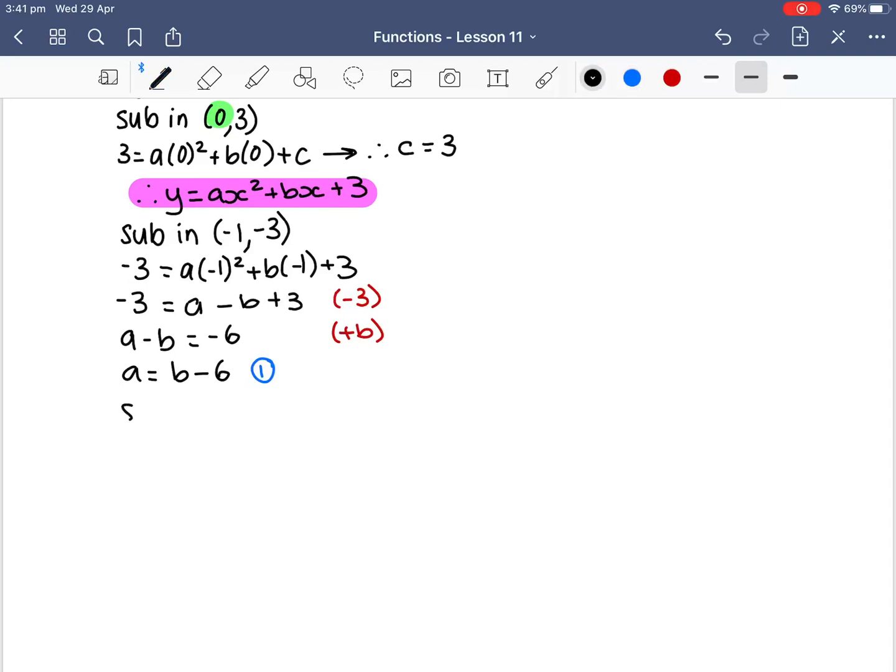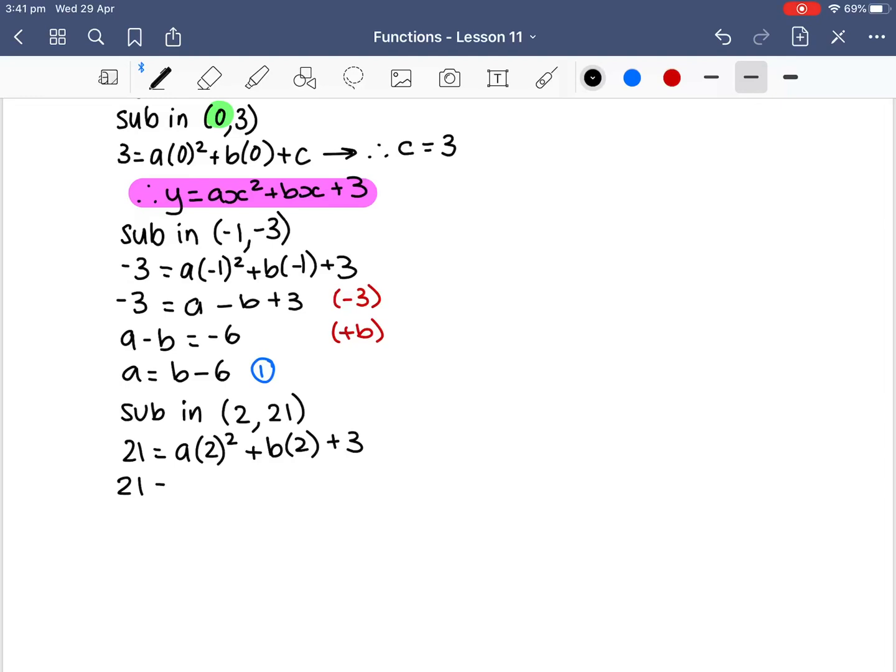We then sub in our other point of (2, 21). So we'll have 21 equals a times 2 squared plus b times 2 plus our c value of 3.